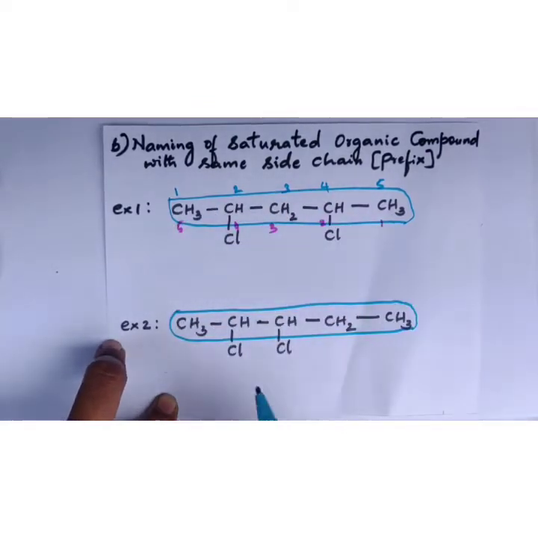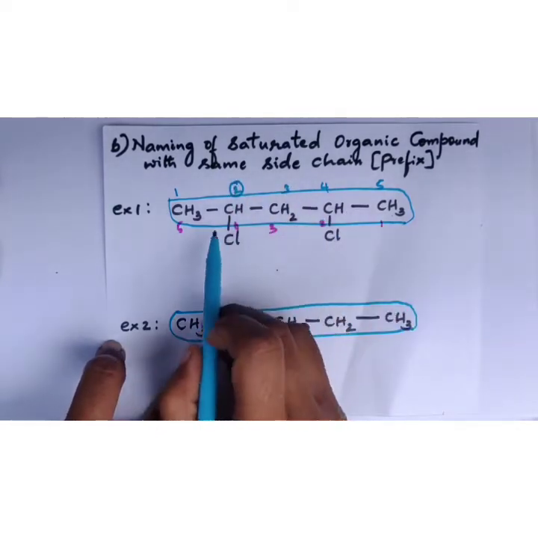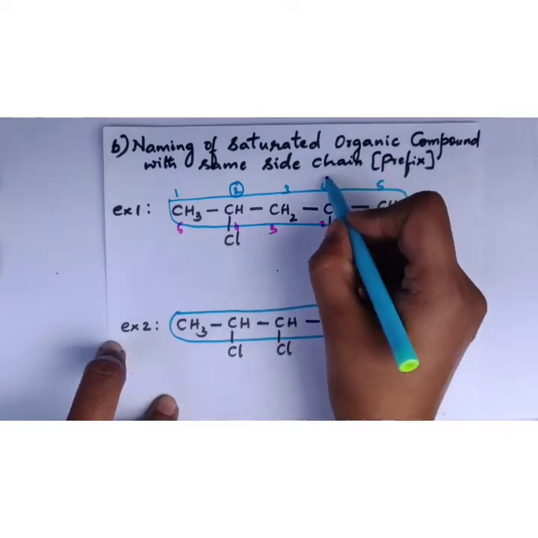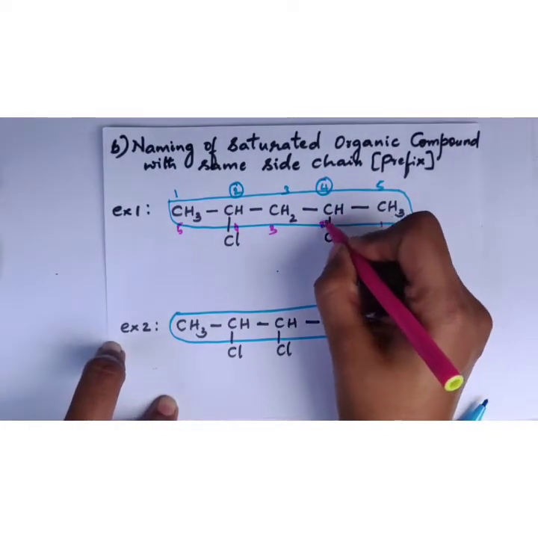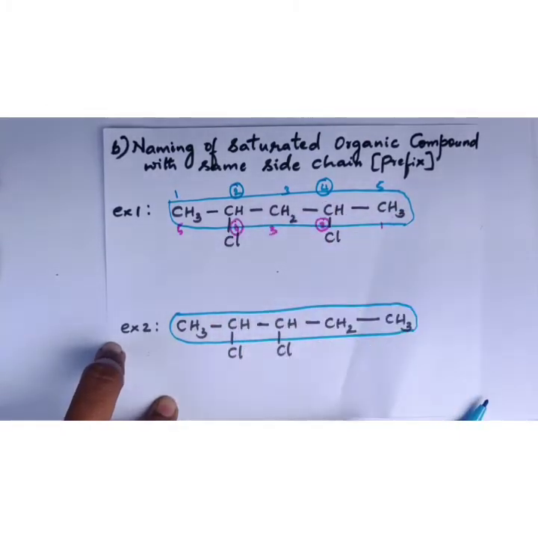Now what you have to do is take the sum of the locants. So this is the carbon where chlorine is attached, and this is the carbon where chlorine is attached. Here also, this is the carbon where chlorine is attached, and this is the carbon where chlorine is attached.